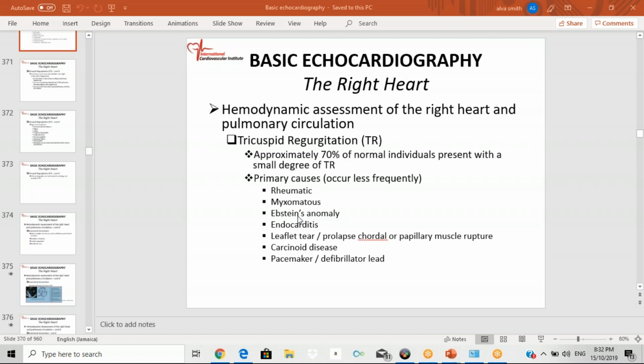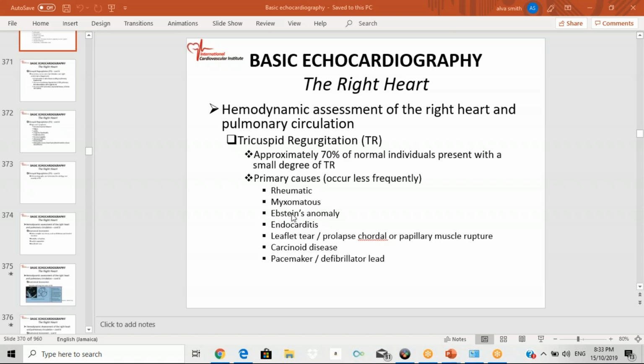The abnormality is mainly the septal leaflet of the tricuspid valve, which is displaced towards the RV apex. Okay, so you have a huge right atrium. And these patients tend to have a significant amount of tricuspid regurgitation. And they also have arrhythmias, which is abnormal rhythm.